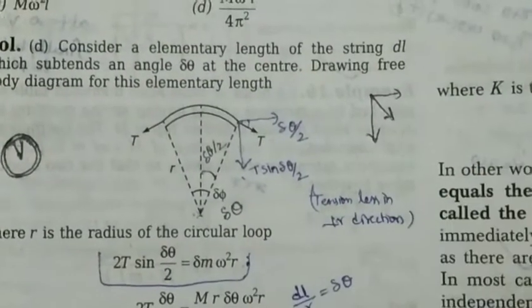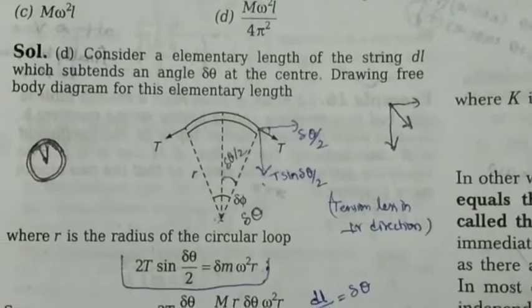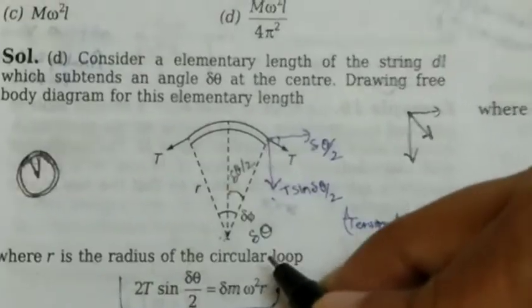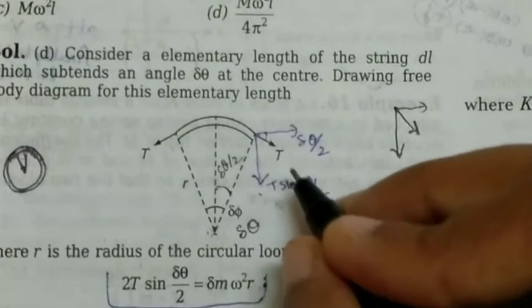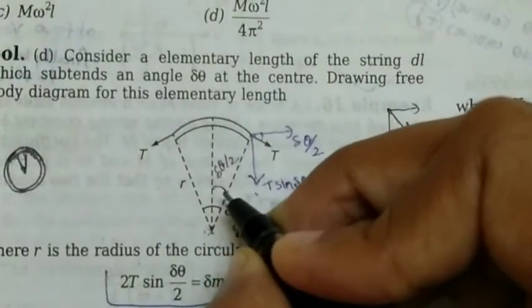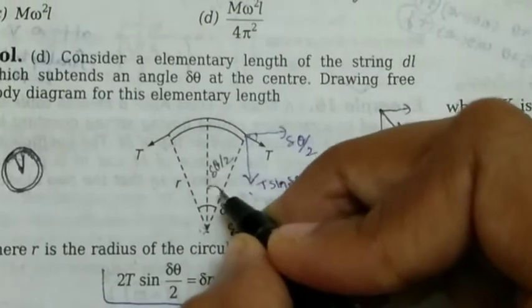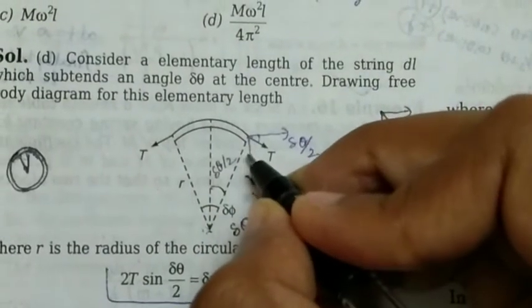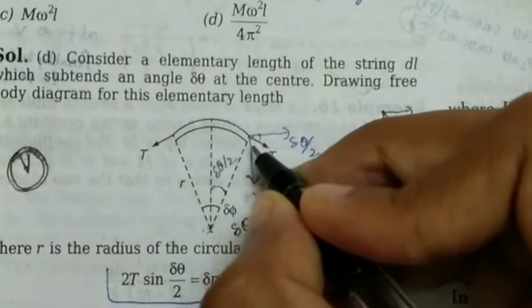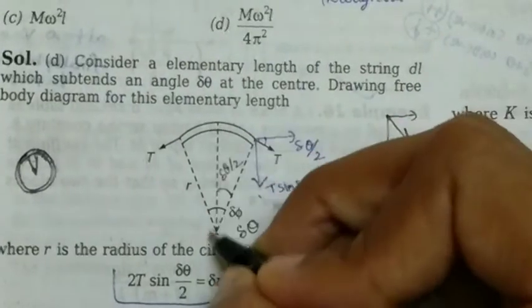So now the next thing is, here this is delta theta by 2. This line is parallel to this line. So if this angle is delta theta by 2, then this angle would be delta theta by 2, as these two lines are parallel.